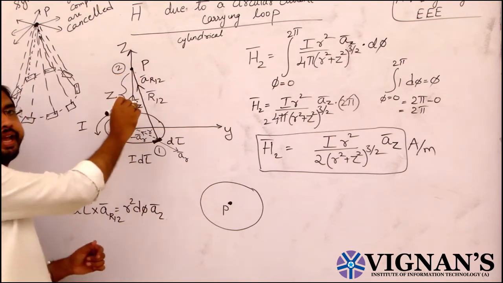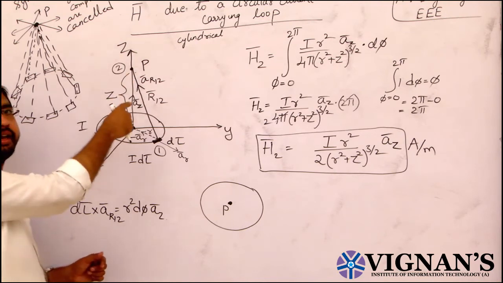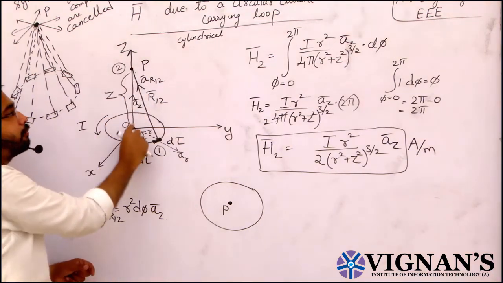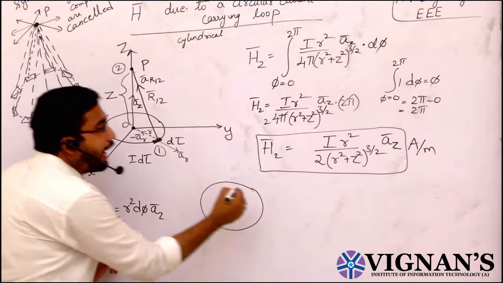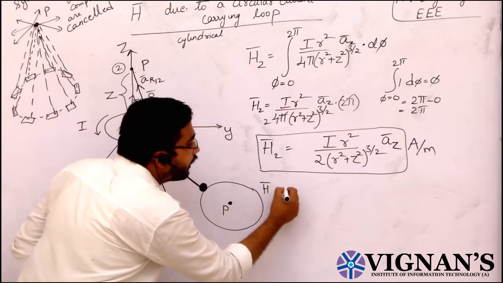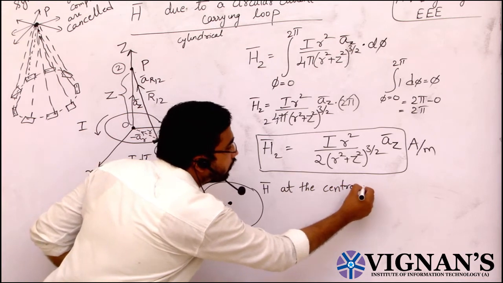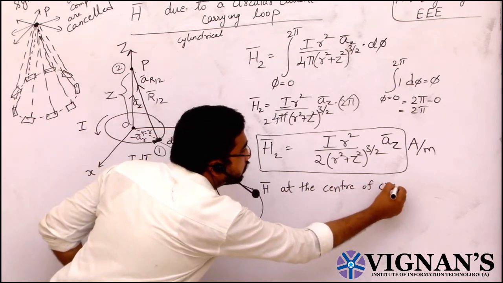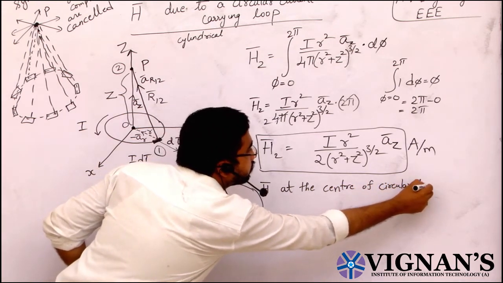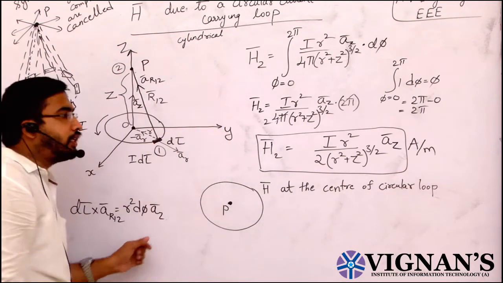Instead of finding H at a point P at some height h, now I am shifting this point P to the origin. Exactly, I want to find H at the center of the circular loop. This is also a very important topic.